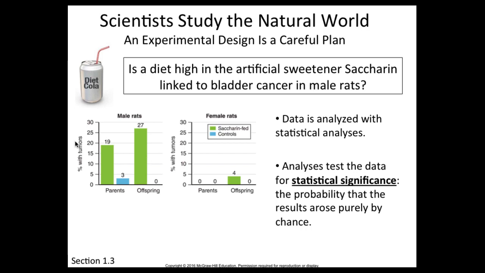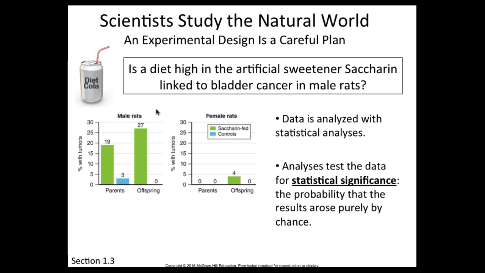So on this graph, we've got the percent with tumors on this axis, and then parents and offspring on this axis. And notice that there's lots of these saccharin-fed rats with tumors, and then here we've got saccharin-fed offspring with tumors.